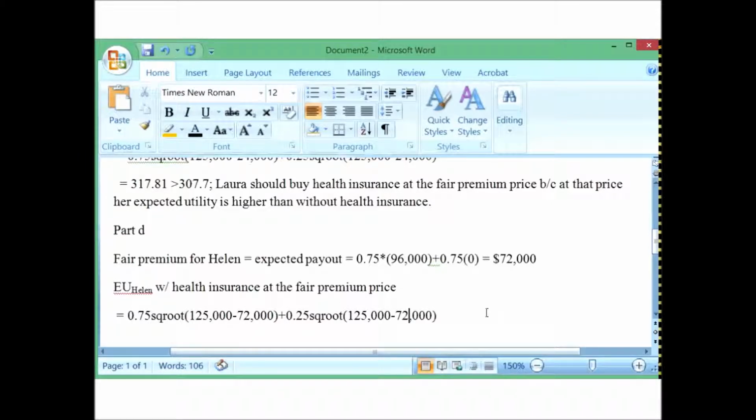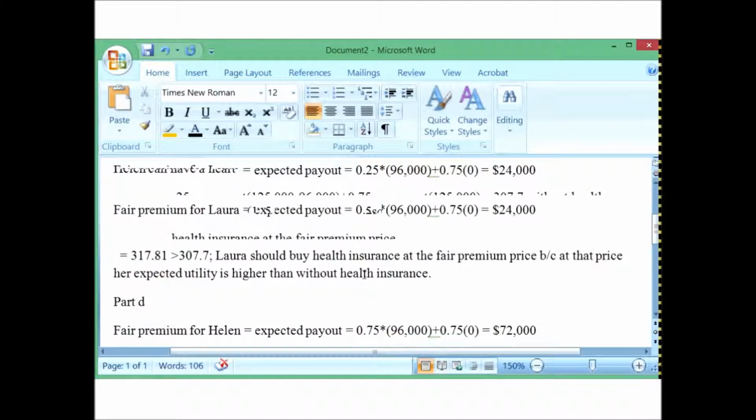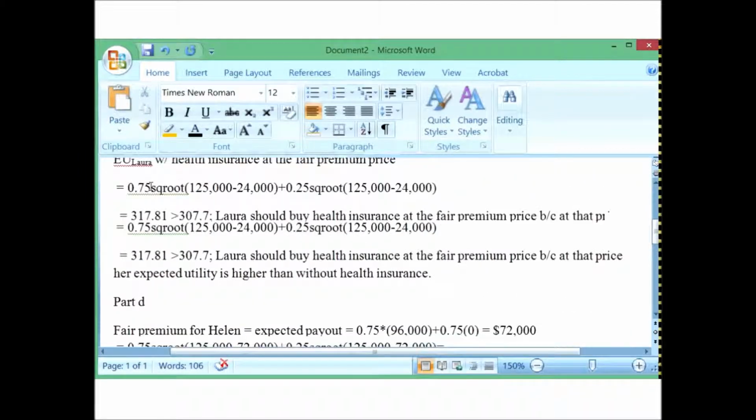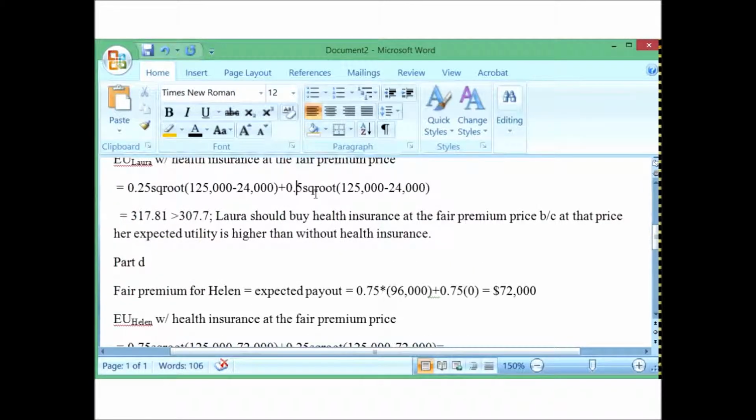Let's check it out. Here, regardless of the scenario, she'd have to pay $72,000. Let's see what we have here. To keep it consistent, I want to have the outcome where they get sick and then when they're healthy.